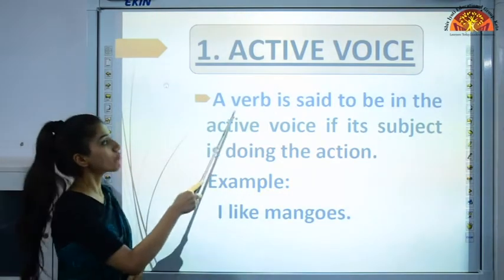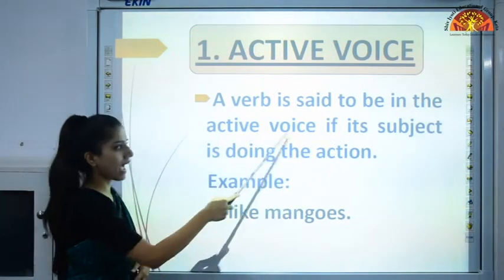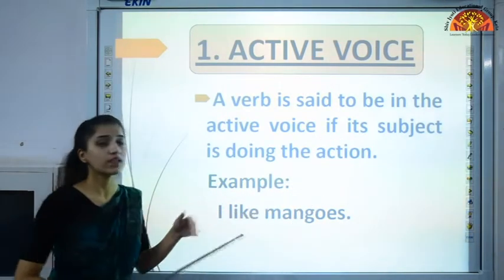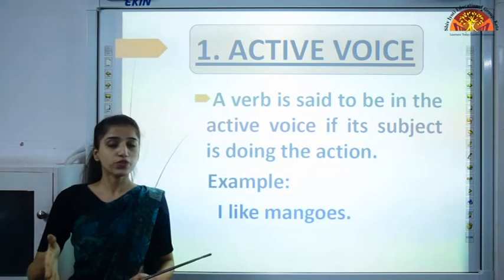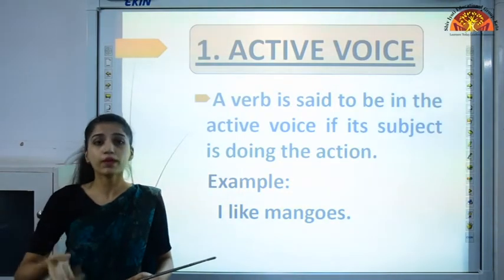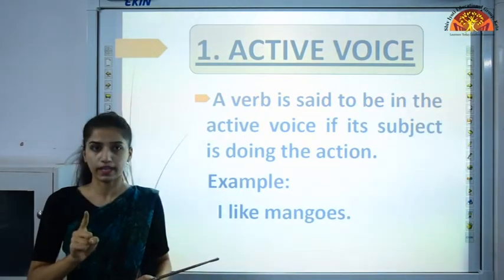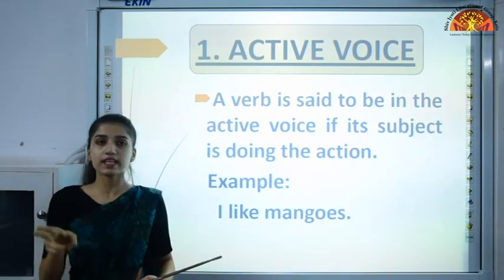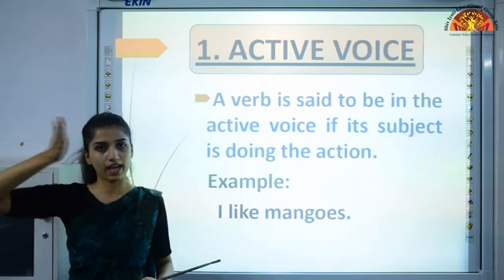Active voice: a verb is said to be in the active voice if its subject is doing the action. As I told you, the ways are different, but we are saying the same thing only. The ways are two only, that is active and passive.